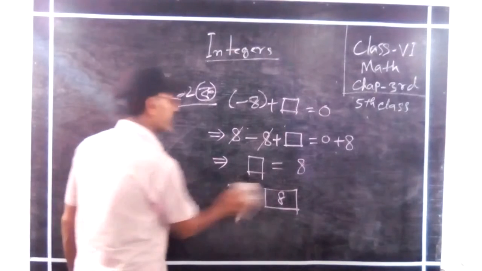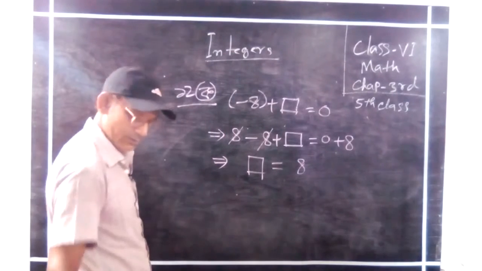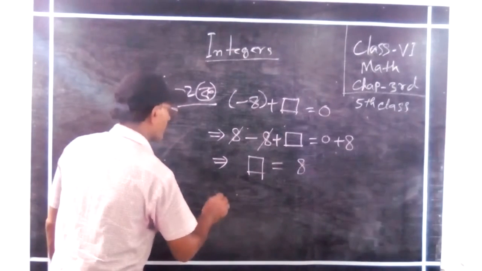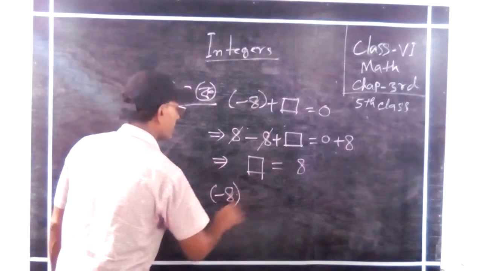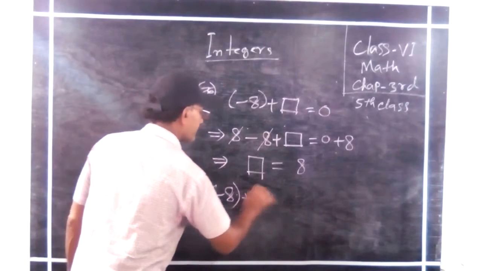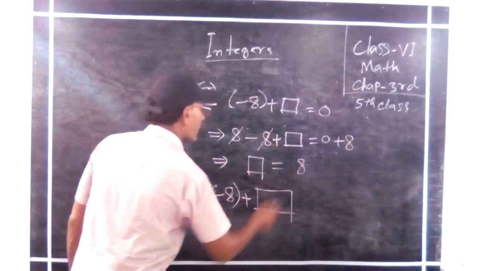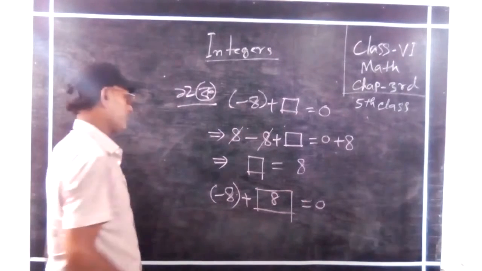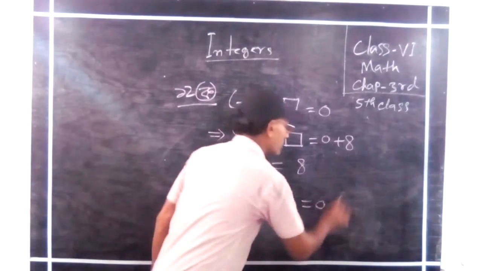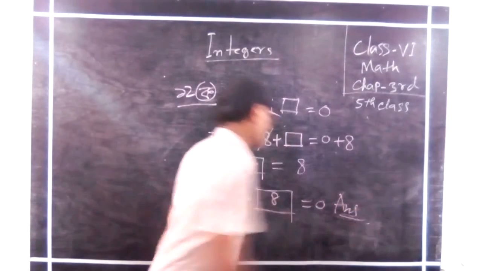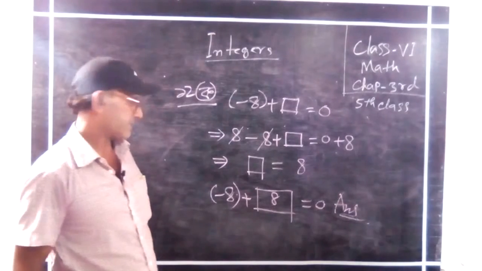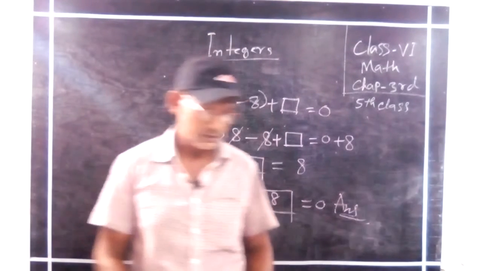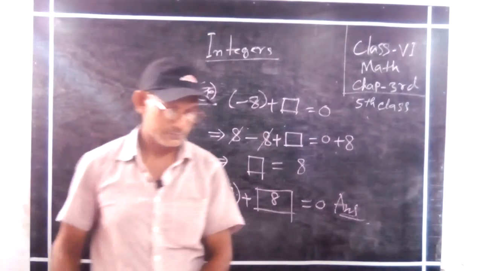This is not correct. We will see. We will use the actual number. Here minus 8 plus empty cell, that means our number 8, equal 0. And that is our answer. Correct? You will understand everything.